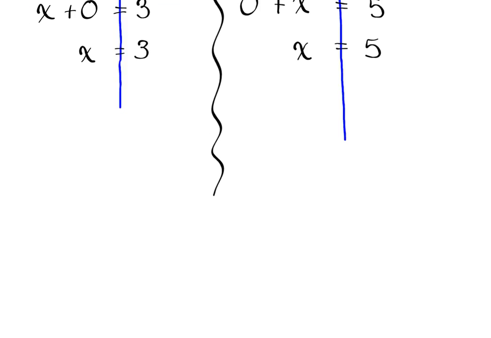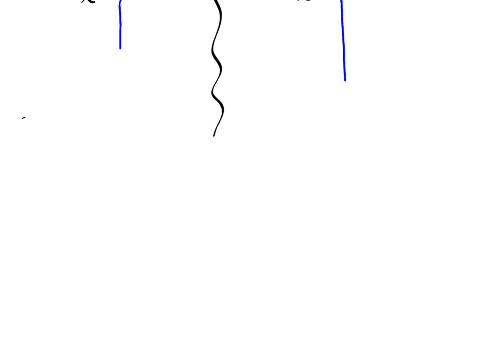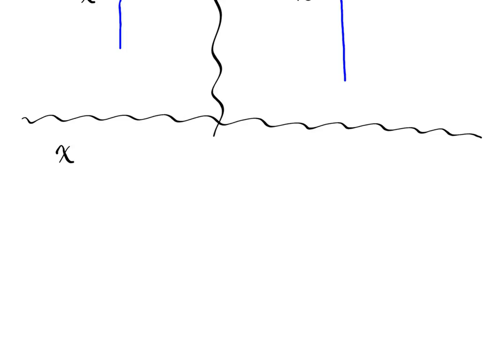Okay. Let's look a little bit further. Let's look at a problem where my x, instead of being on the left-hand side, is on the right-hand side. Let's look at 10 equals 4 plus x.